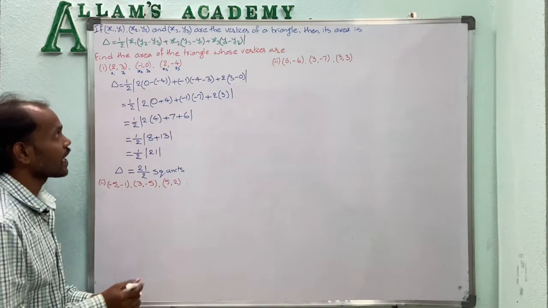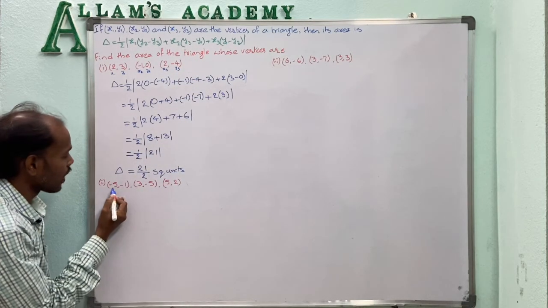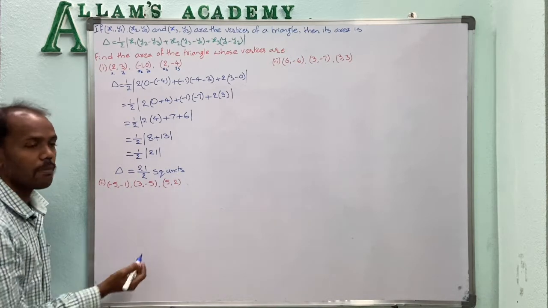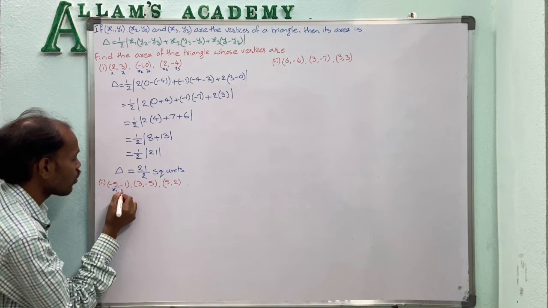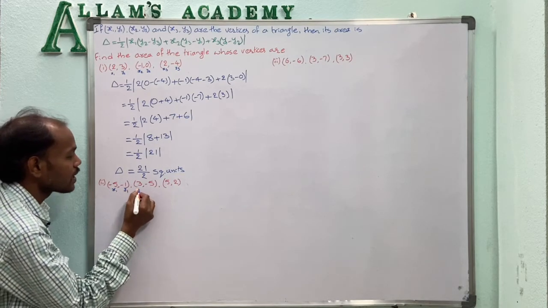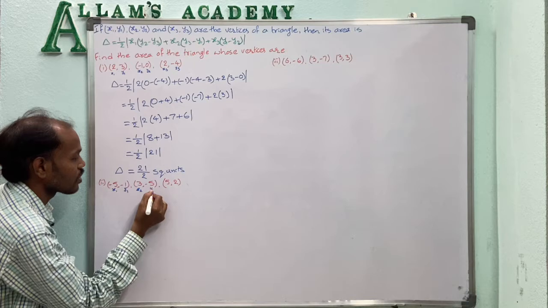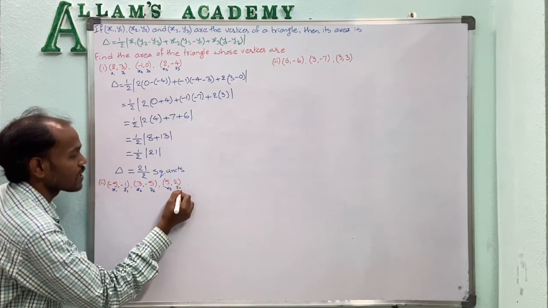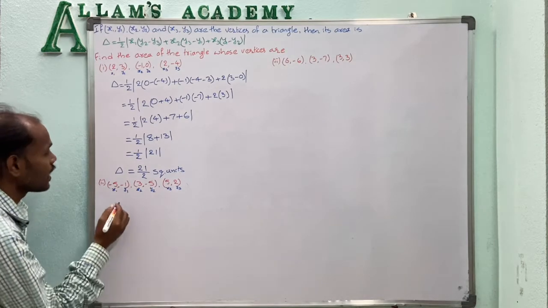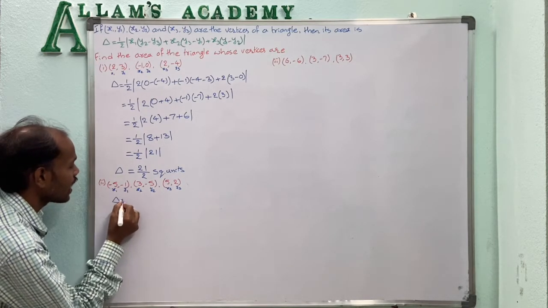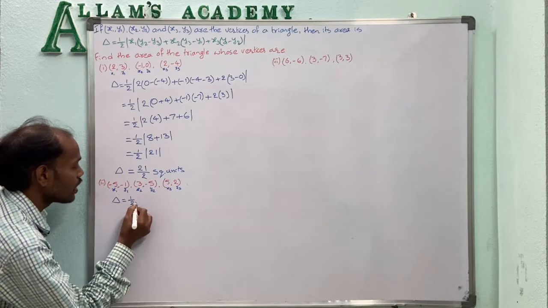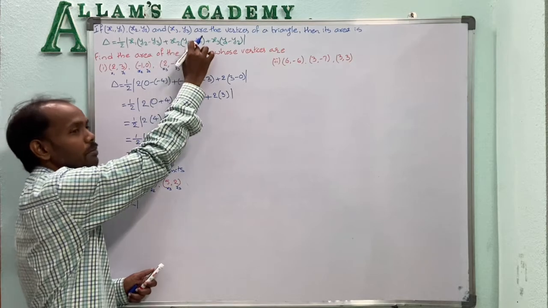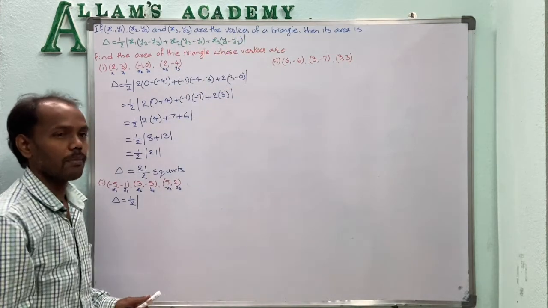Now find the area of the triangle with the vertices (minus 5, minus 1), (3, minus 5) and (5, 2). So here x1, y1 are (minus 5, minus 1), (3, minus 5) are x2, y2, and (5, 2) are x3, y3. Then the area of the triangle delta is equal to half mod x1 into (y2 minus y3) plus x2 into (y3 minus y1) plus x3 into (y1 minus y2).